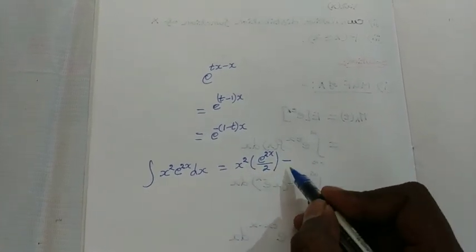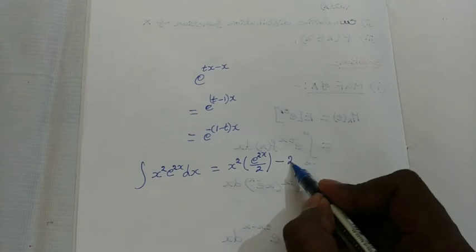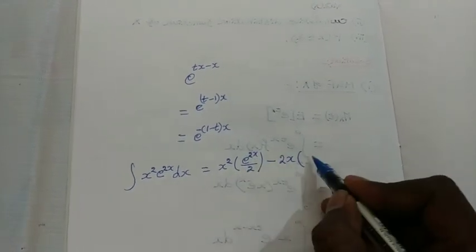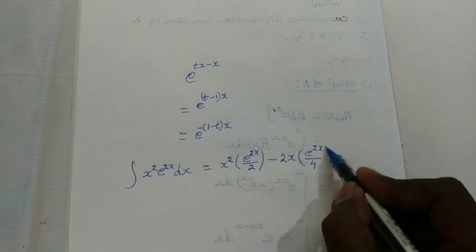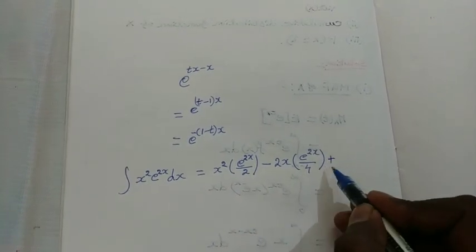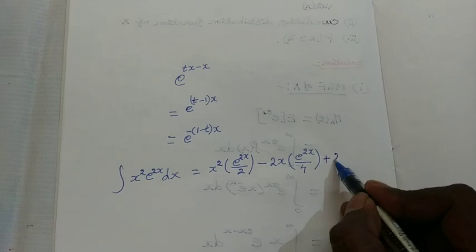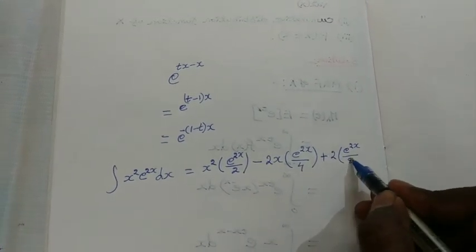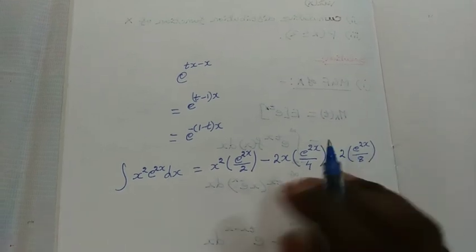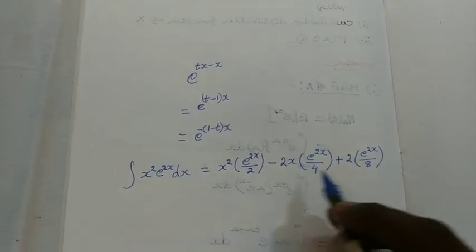Next negative, the differential of x square is 2x, and integrate this, e power 2x by 2 into 2, that is 4. Next positive, the differentiation of 2x is 2, the integration is e power 2x by 2 into 4, that is 8. Next the differential is 0, so we can stop. This is Bernoulli's method.